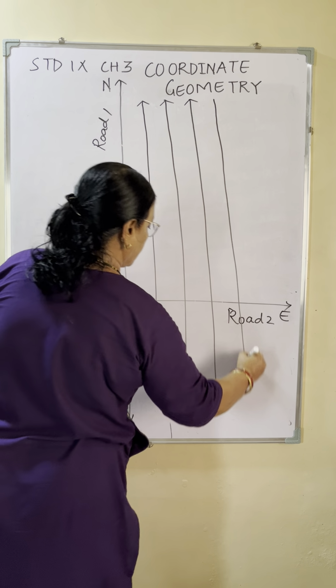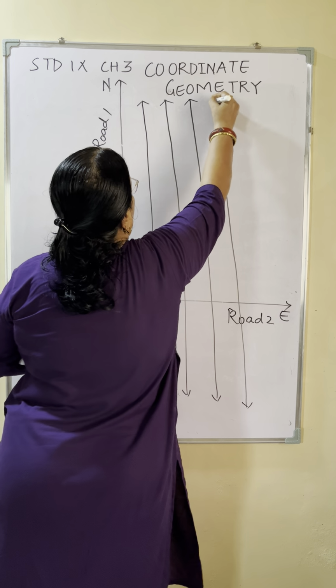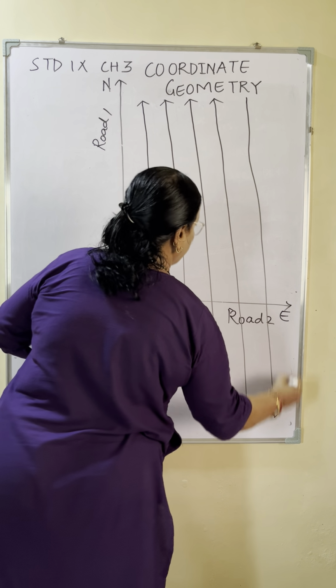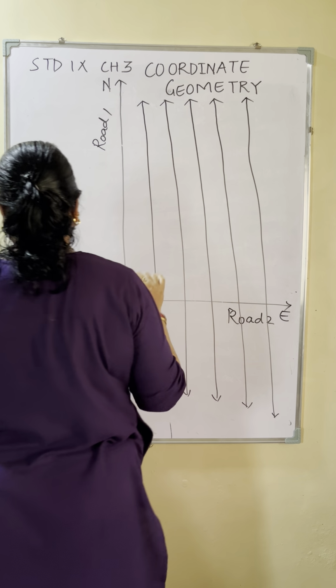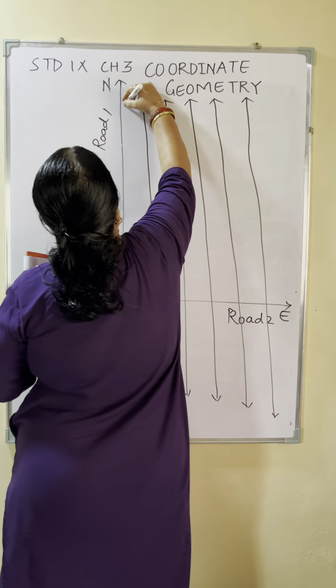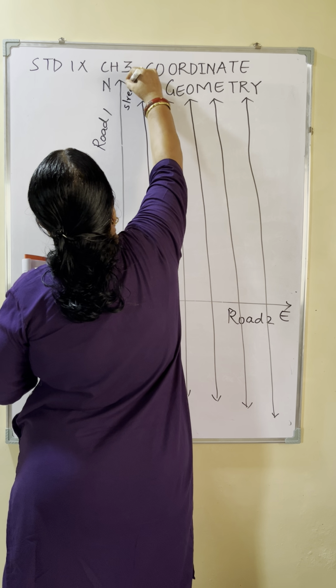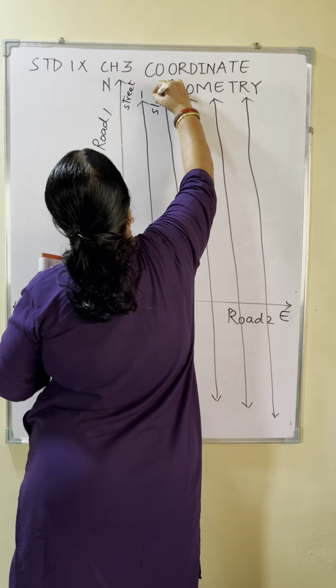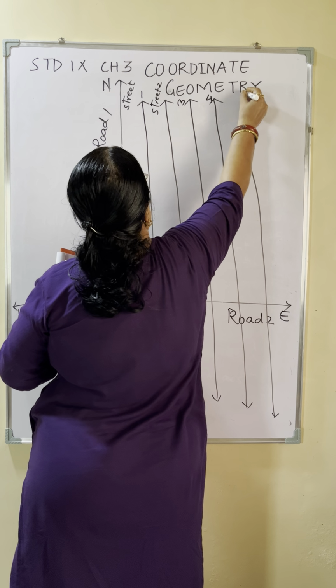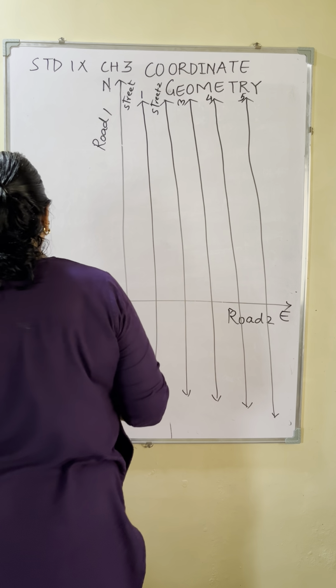You have to draw with scale. 4, and this will be 5. So I will write now street 1, then street 2. Now it is understood. 3, 4 and 5. Okay?